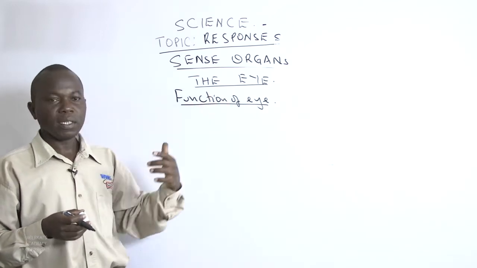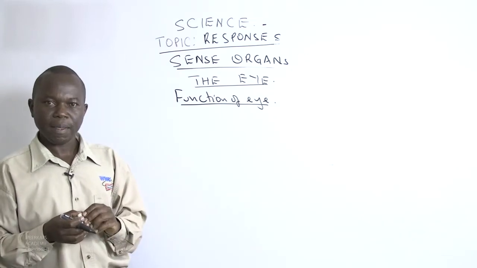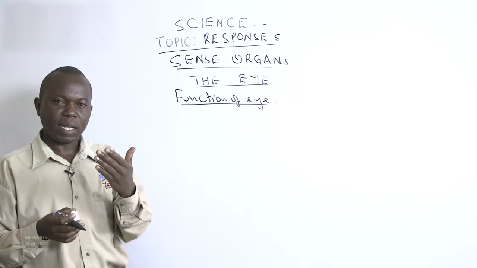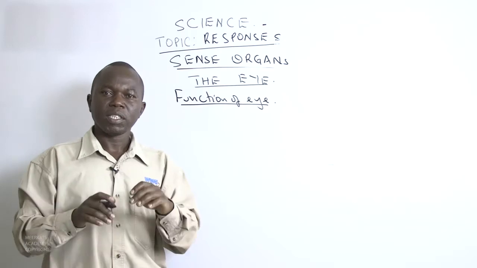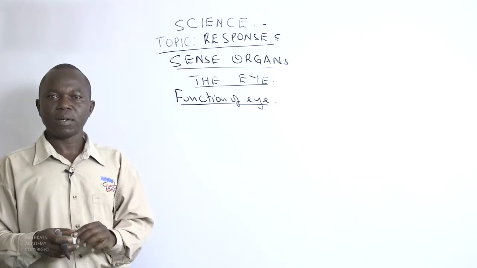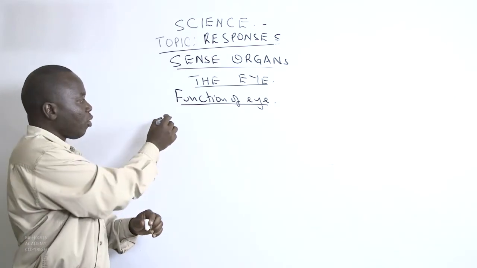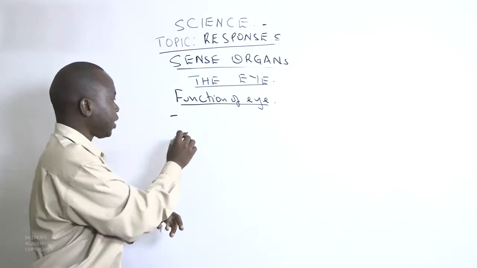So that can lead us to the function of the eye. The role of the eye is to perceive light. Once light has been perceived, you can distinguish different objects around your environment. So light is very important. The role of the eye is just one: perception of light.